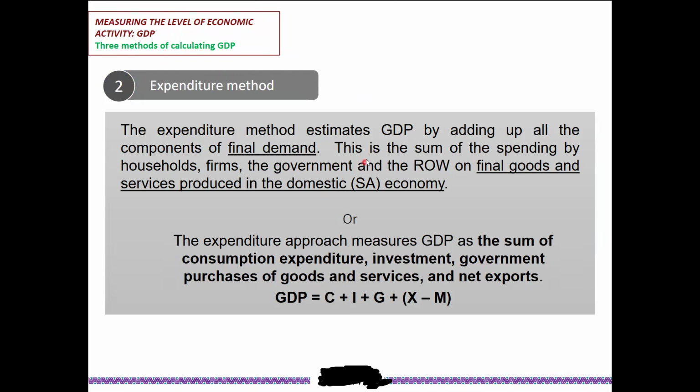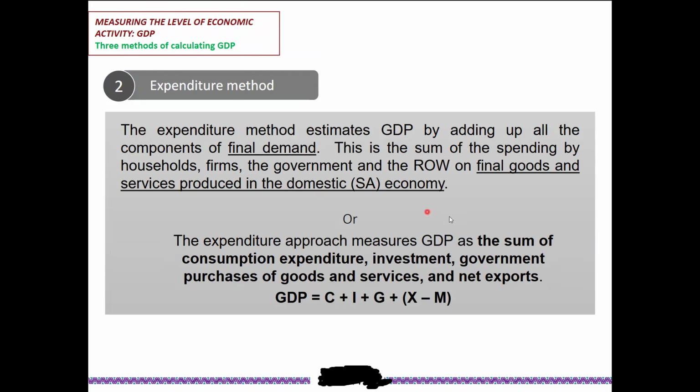So the expenditure method estimates GDP by adding up all the components of final demand. This is the sum of spending by households, firms, the government, and the foreign sector on final goods and services produced in the domestic SA economy.